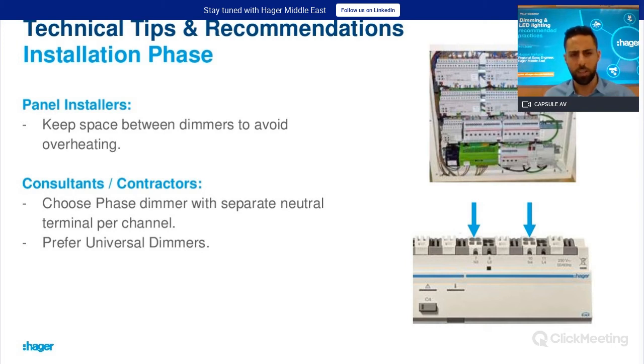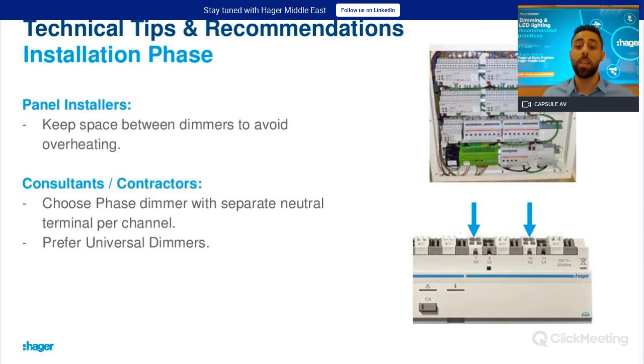The second thing, for consultants and contractors: always prefer universal dimmers. A lot of projects now are still installed with either forward or trailing edge, or there are universal dimmers. The technology is there and the products are there. Please use universal dimmers. You will get rid of a lot of headache and your project will go smoothly. And you can say that the dimmer has a neutral terminal, so it's a new technology.